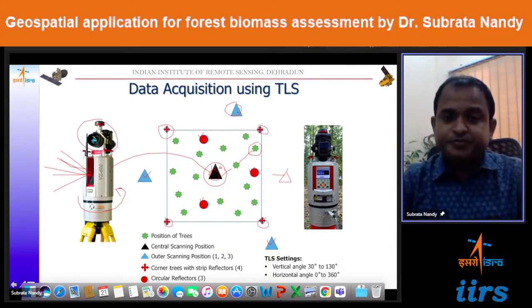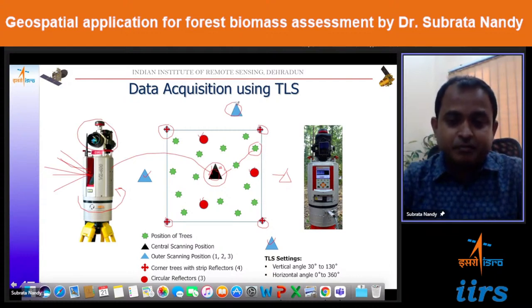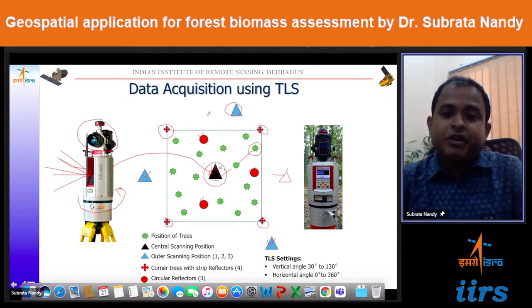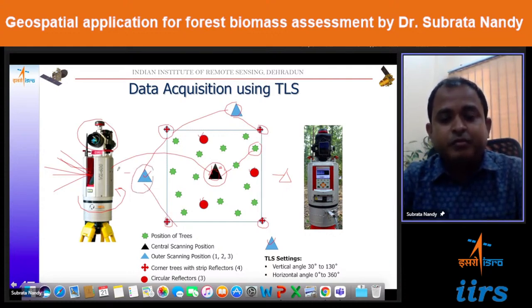We place the scan in such a position that from it we can see the maximum number of trees. So from here also we scan like this. Here you don't have to go for 360 degrees, because I don't need information from behind.